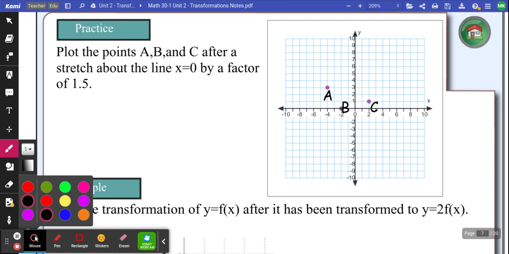The practice problem says plot the points A, B, and C after a stretch about the line x equals 0 by a factor of 1.5. Okay, so you have 3 points there. Point A, B, and C. We are going to stretch them about the line x equals 0. Where is x equals 0? Y-axis. That is the y-axis.